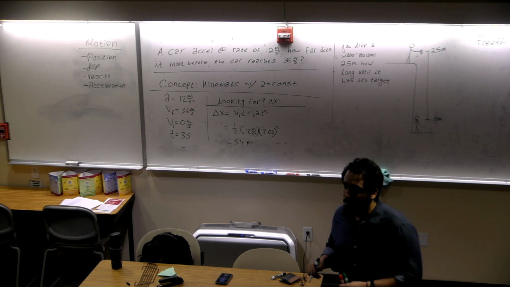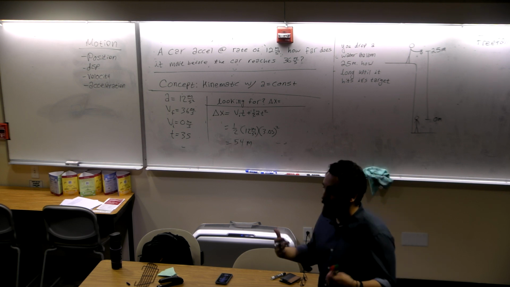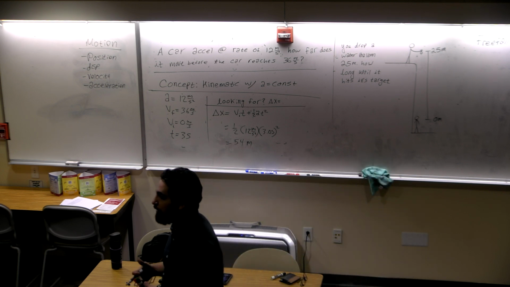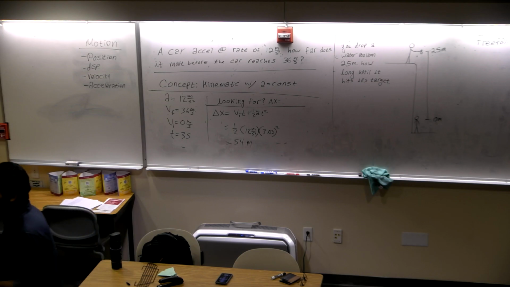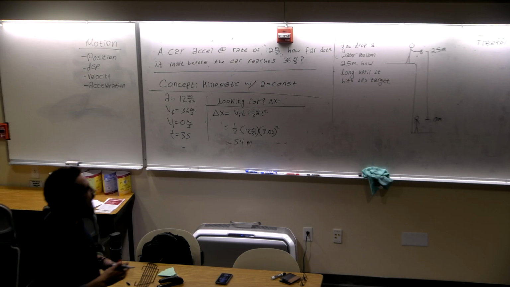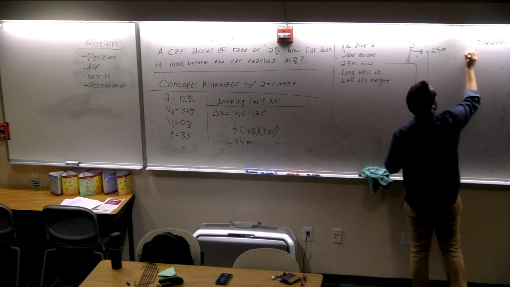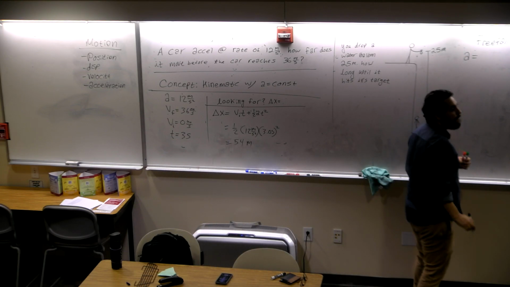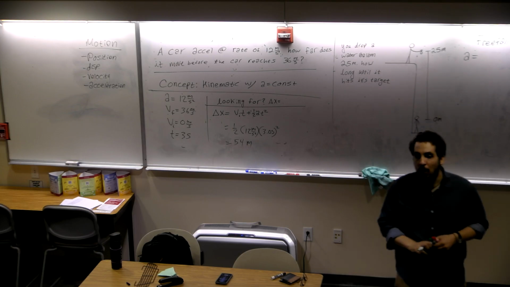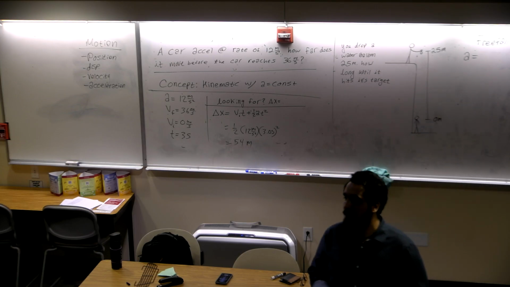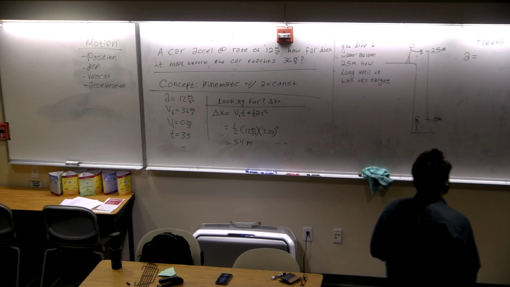So long as air resistance is negligible, and that's what we mean by free fall, we're saying that we can neglect air resistance. As long as air resistance is negligible, every single object would take the same amount of time to fall this distance. And that's because every single object would fall with the same acceleration. And what is that acceleration going to be?